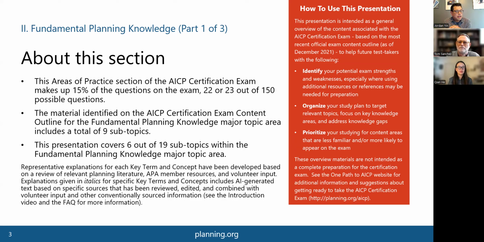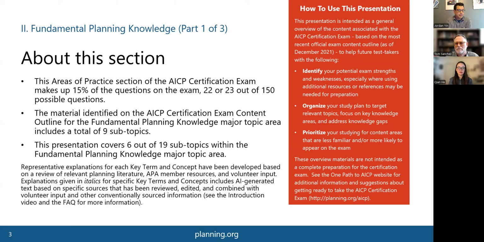So in terms of how to use this presentation, these are intended to be a broad overview of key concepts that might generally be associated with the outline items that should help a potential test taker identify their potential exam strengths and weaknesses, help organize a study plan, and also to help prioritize, because it is a common refrain that there's just a lot of territory to cover on the exam.